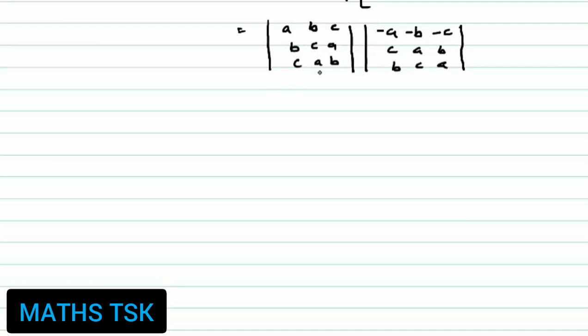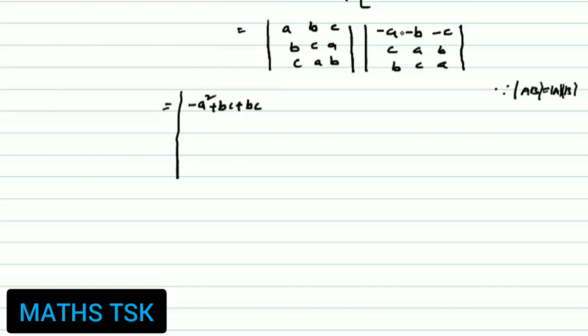Det A into det B is det AB, since the determinant of AB is det A into det B. If det A into det B is observed, it can be written as det of AB. So I multiply these two things. Determinant of AB. So multiply the first row with the first column. There is minus A square plus BC plus BC.